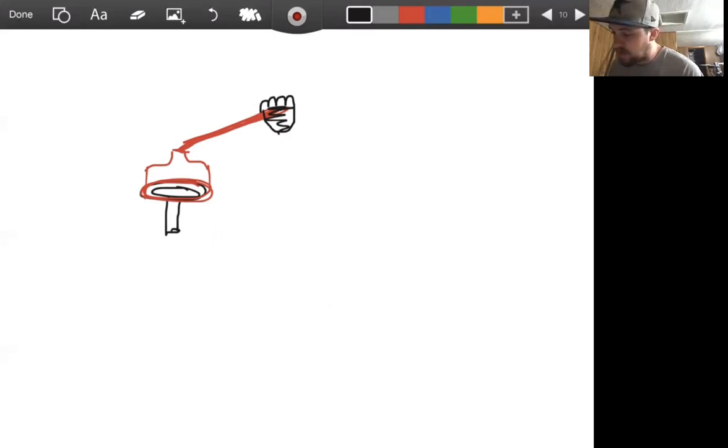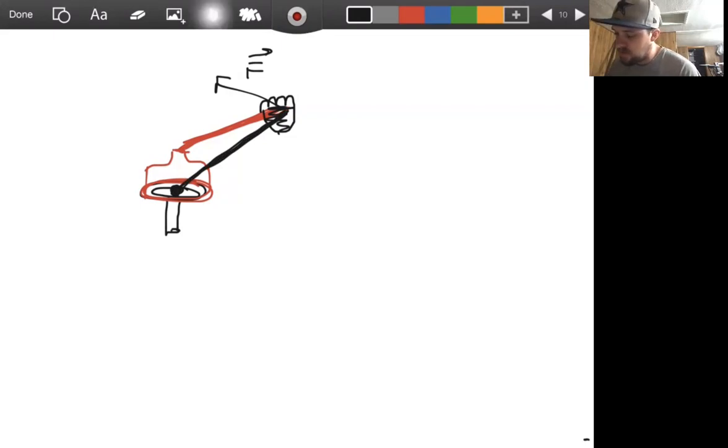So let's say we're applying a force in this direction, and force we can represent by a vector here. From the center of this bolt to where the force is being applied, it's misleading because I would really like to consider it as the handle here.